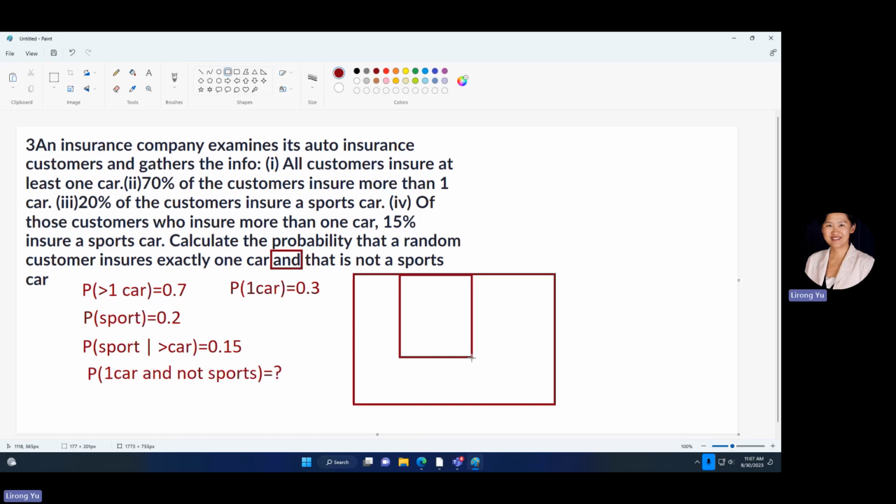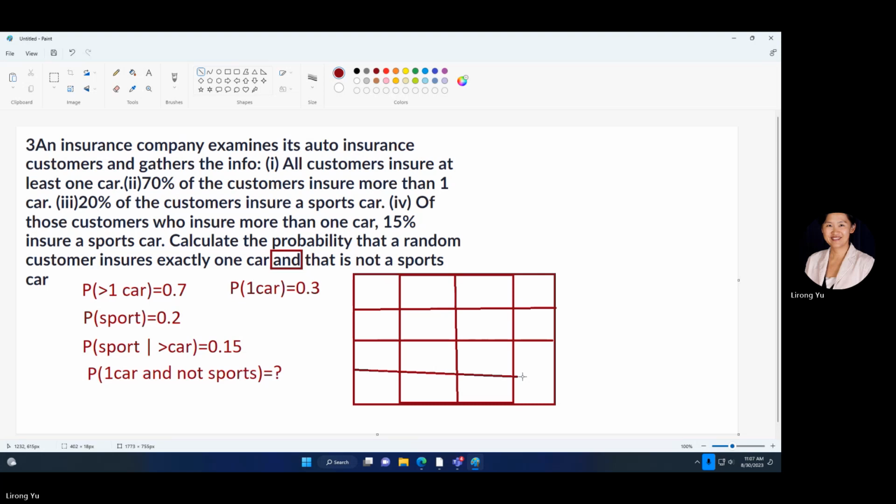I need 4 columns. Number 1 is the number of cars. So it can either be 1 car or more than 1 car. And of course, the last column is supposed to be the whole.